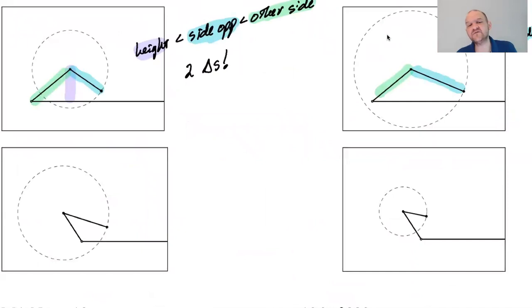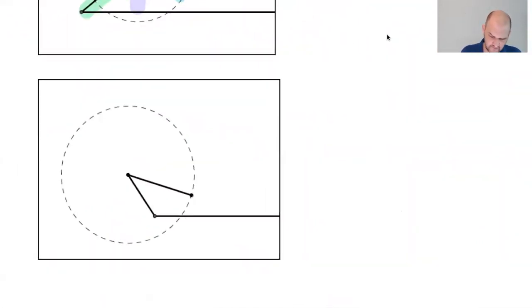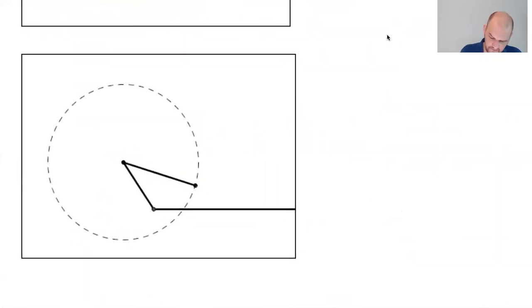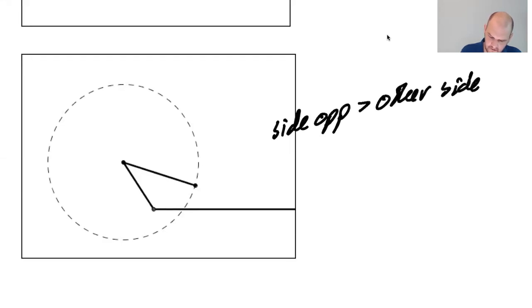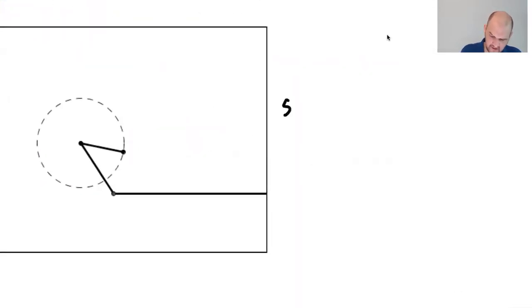All right. If the angle's obtuse, there are just two things that can happen. I don't really have a great story for that. Although I had a story I was telling about pole vaulters at one point. It's not the best, but either the side opposite is greater than the other side, in which case one triangle, use the law of sines and solve it, or the side opposite, there's no height involved here, is less than the other side.